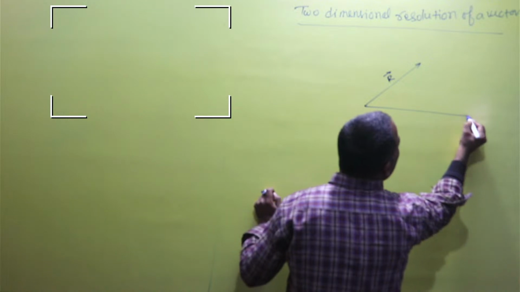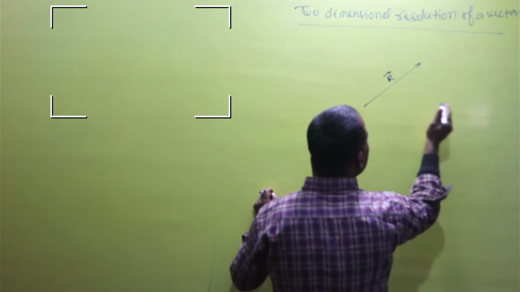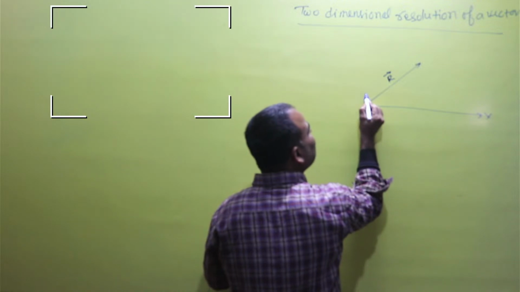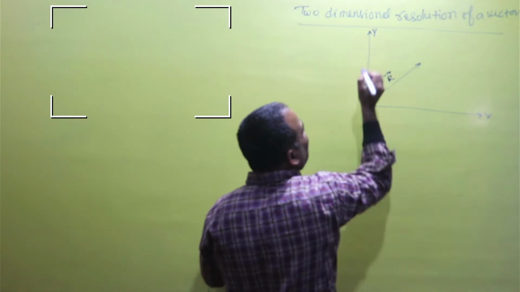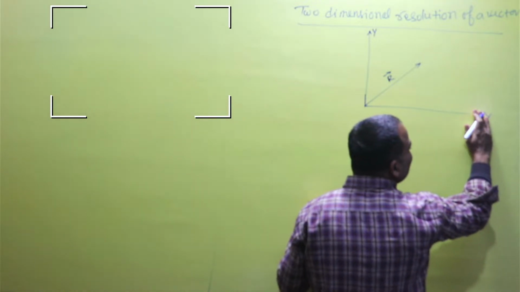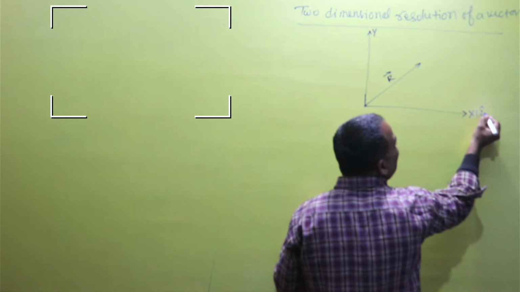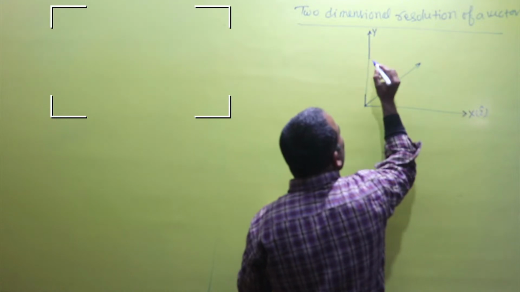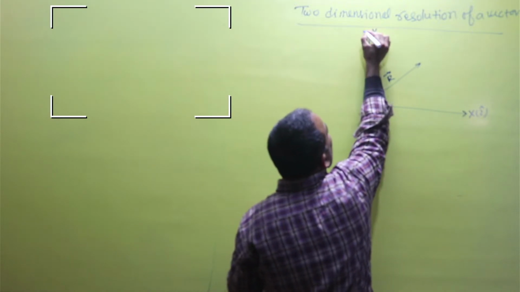So we take two mutually perpendicular axes, let x-axis and y-axis, and the unit vector along the direction of x-axis is i cap, and the unit vector along the y-axis is called j cap.